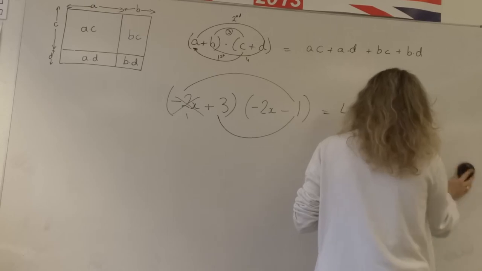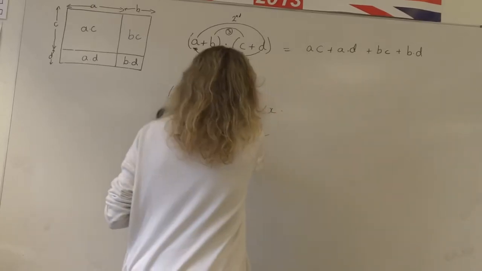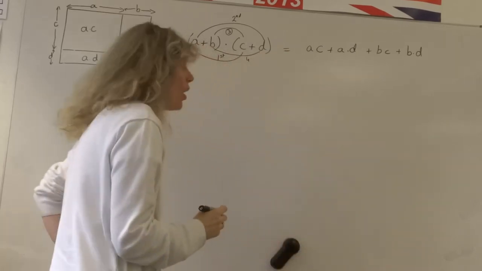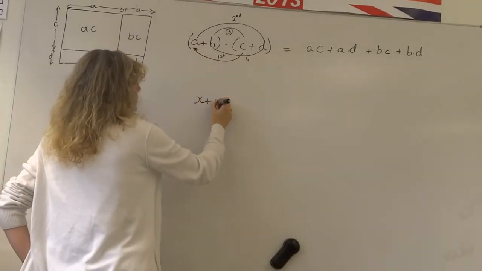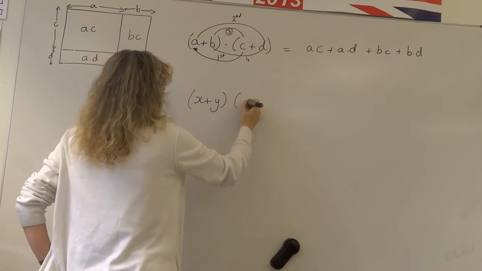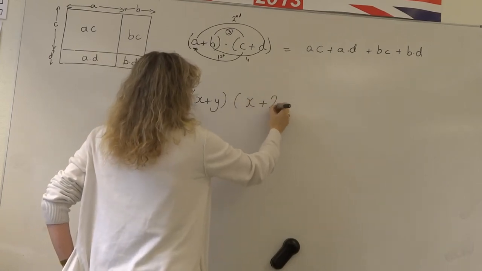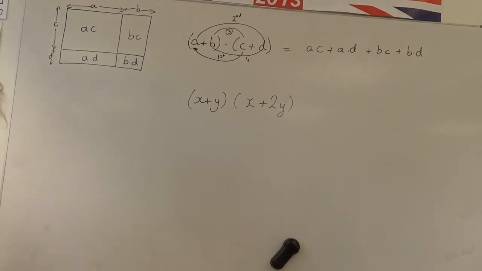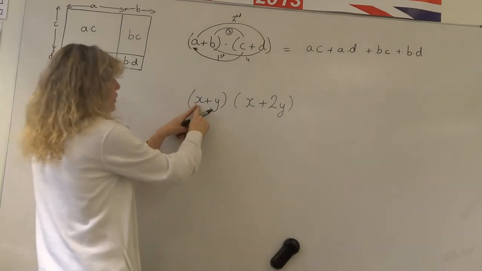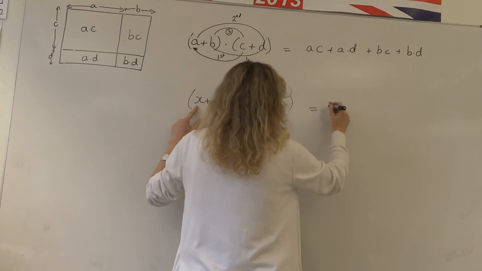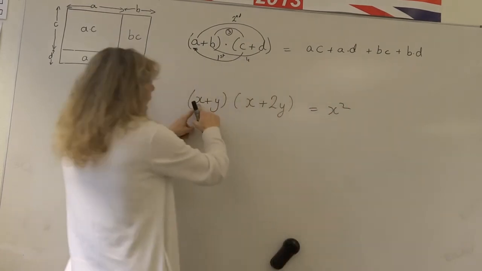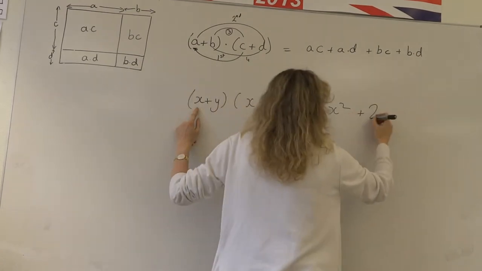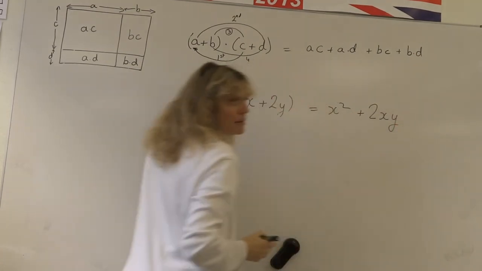What do we do then when there's y's in there? There can actually be equations with x's and y's in the same one. Let's say that we've got x plus y times x plus 2y. Same rule, FOIL. First two, x times x is x squared. X times outside 2, x times 2y is plus 2xy.